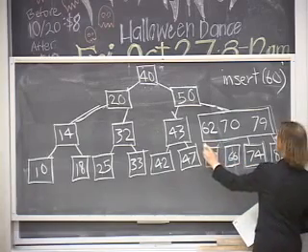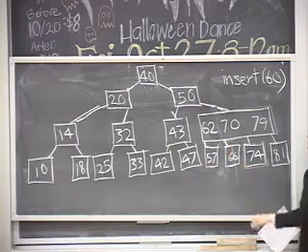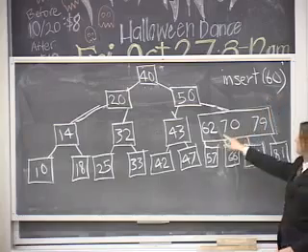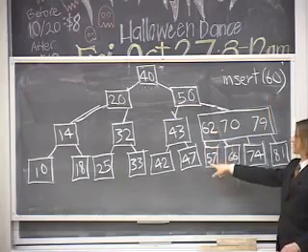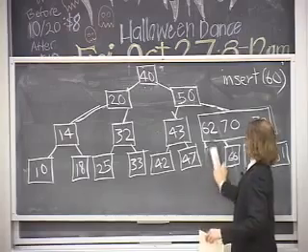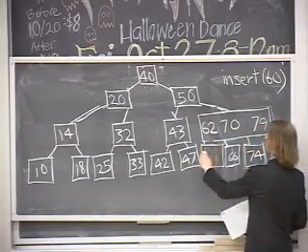And the 57 goes to the left of the 62, and the 66 goes between the 62 and the 70. And now, finally, we have room to insert the 60. So 60 is less than 62, so the 60 winds up in this node. And that means, since there's only 1 key left there now, there is room to insert the 60.